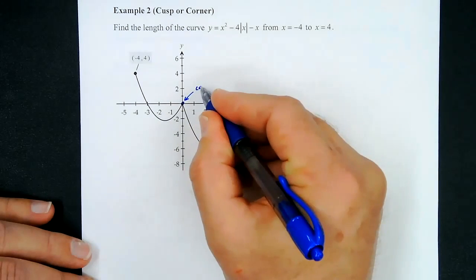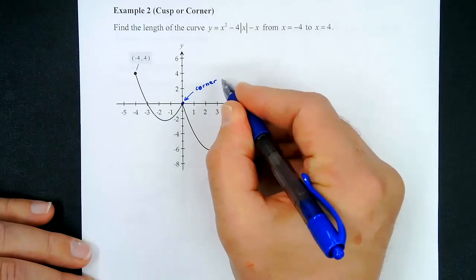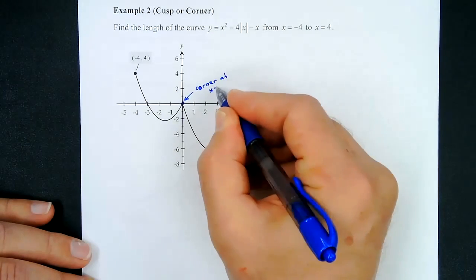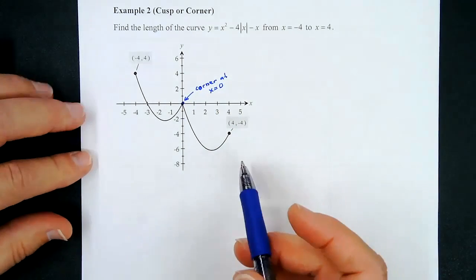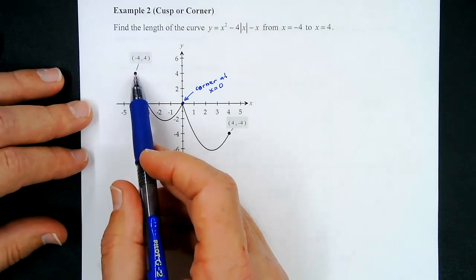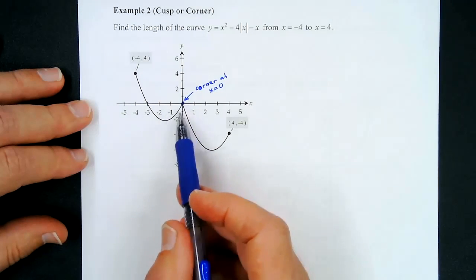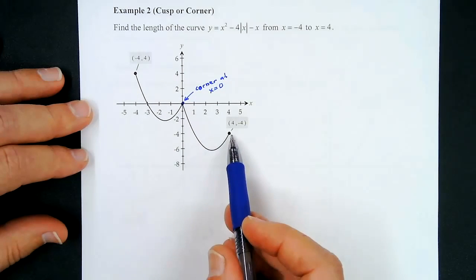So we have a corner at x equals 0. All right. So what we're going to do is find the length from -4 to 0. So we can find that. And then we're going to find the length from 0 to +4.